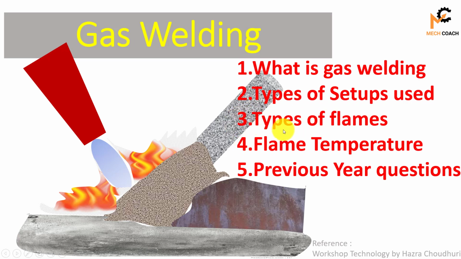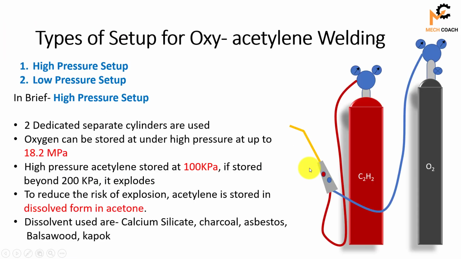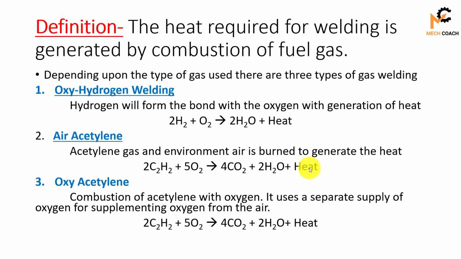Next, we will see the different types of flames depending upon the composition of gas used from the cylinder, their temperatures, and their use for welding different materials, mostly ferrous materials. Then we will conclude this topic. And at the last, I added previous year questions from various exams for your practice.